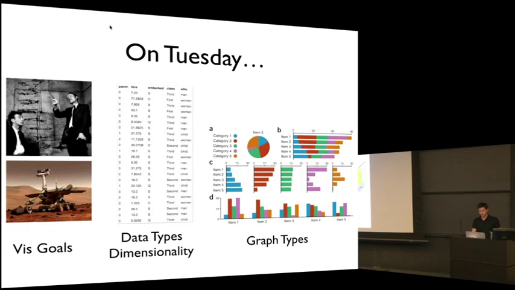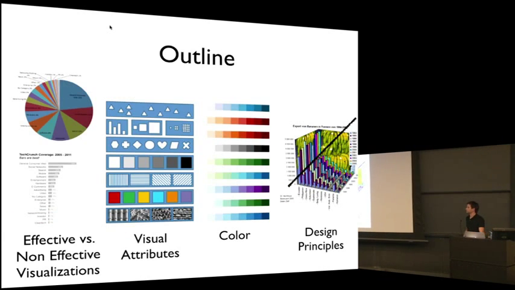Okay, today will be quite different. We are going to talk about what makes a visualization effective and what makes it non-effective. For this, I will start with some really good examples, and after that, we're going to talk about visual attributes.